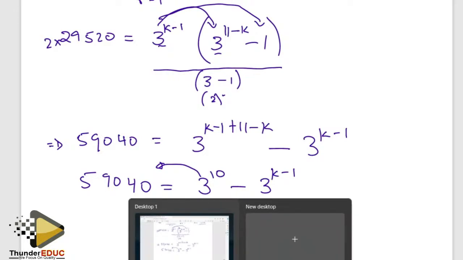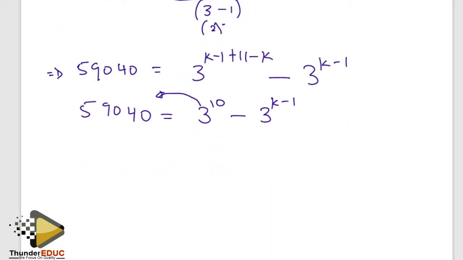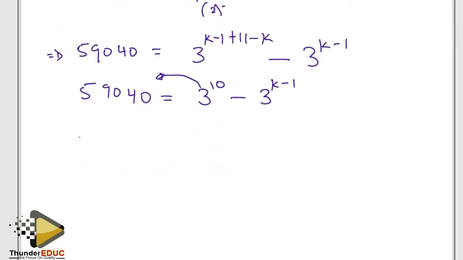Let's see, this on my left is going to be 59,040 minus 3^10. I'm getting 59,009 is equal to the negative 3^(k-1). So these numbers are the same except for the last part.